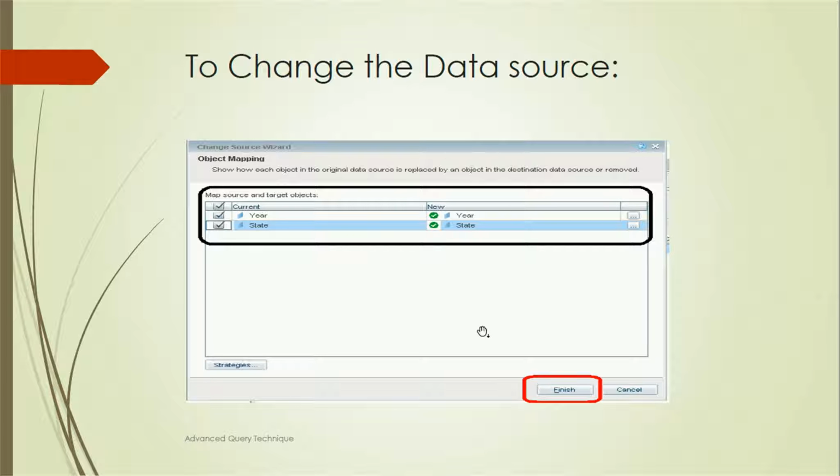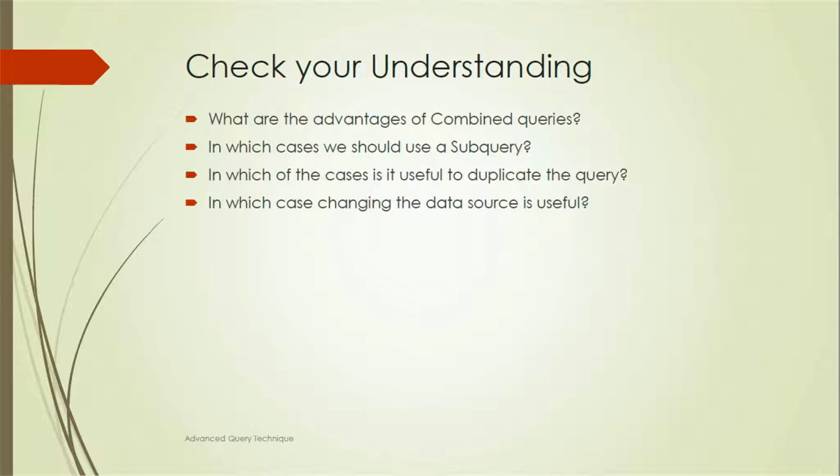And lastly, we click on Finish. This way we change the data source. This is mostly useful in deployments from QA to production or from dev to QA. So this is a very important function available in Web Intelligence.